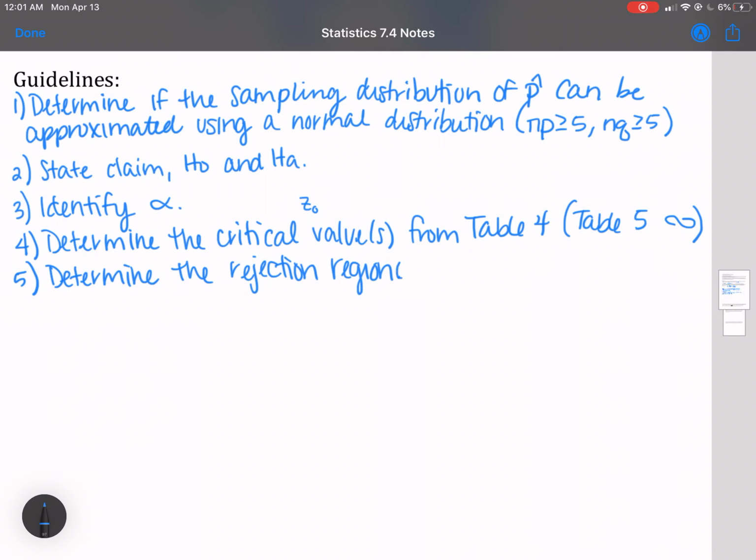This can be a region or regions, depending on if it's one-tailed or two-tailed. And then step 6, we're going to find the standardized test statistic.